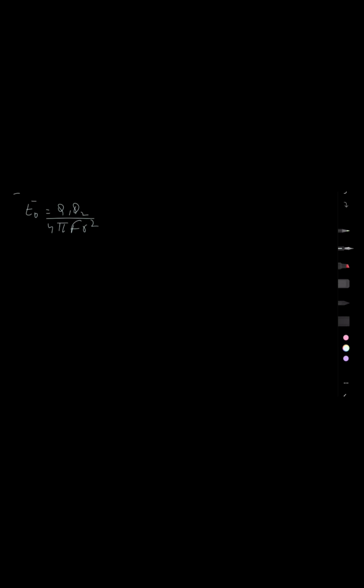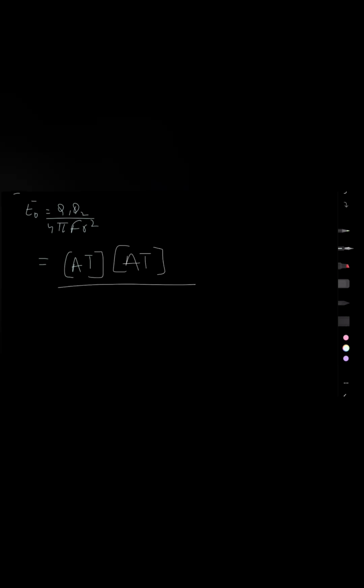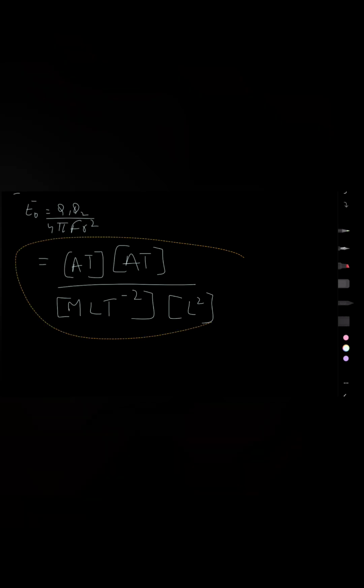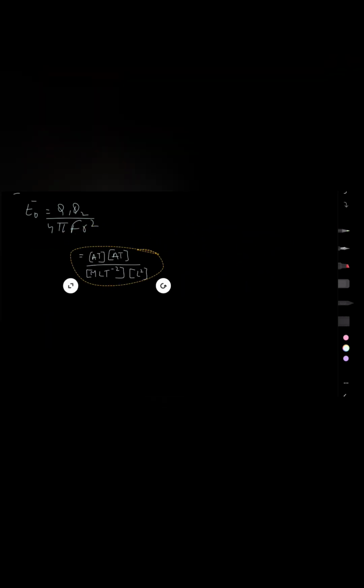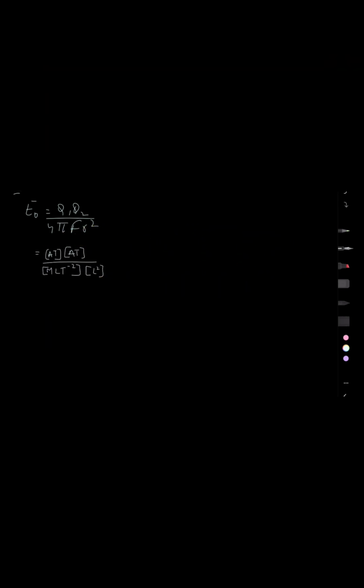How to find it? We know the dimension of charge is AT, and there are two charges, so AT comes twice, divided by 4 pi, and pi has no dimensions. Force's dimension is MLT to the power of minus 2, and r square means L square. Is it right? Yes.